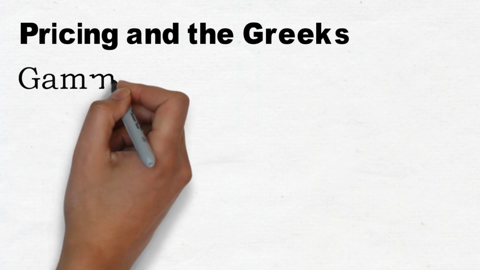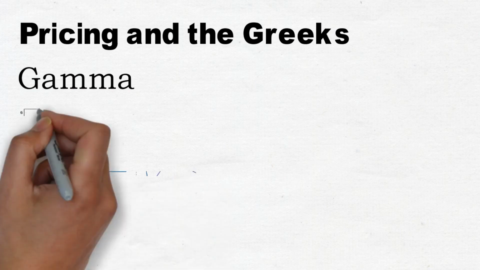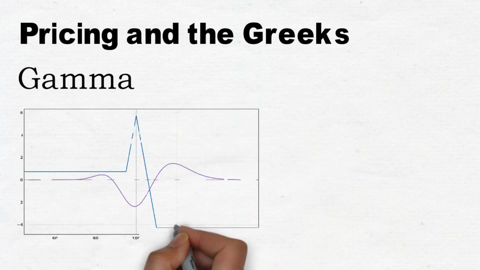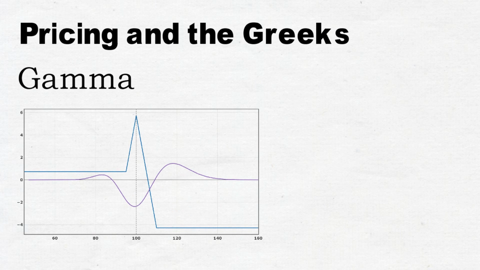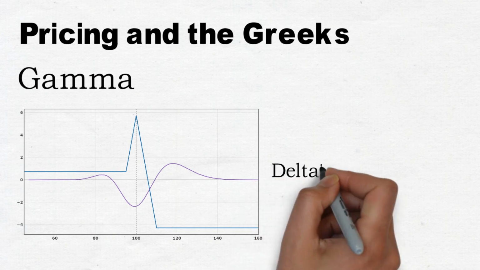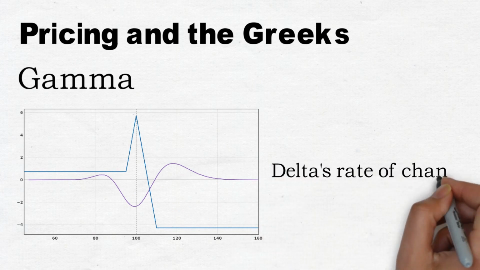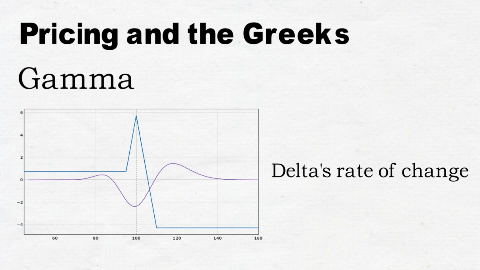The next option Greek is gamma, which measures the rate of change of delta, and it can be seen on the purple line on this chart. When opening a call broken wing butterfly, the gamma will usually be negative. As you can see on the chart, if the underlying price moves, delta's rate of change also decreases.